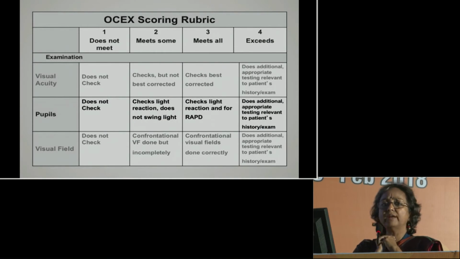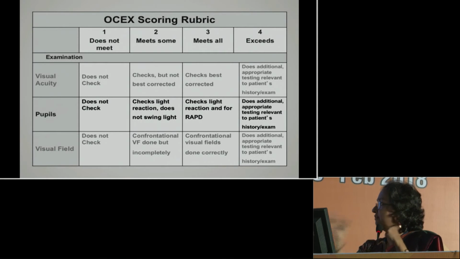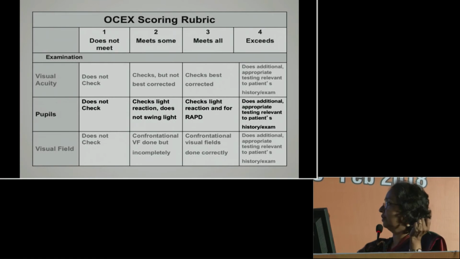Do you think he's a 1? How many of you here think he's 1? 2? 3? 4? Does anybody think he's a 4? No. Would you agree he's somewhere between a 2 and a 3? Yes. Right. He didn't evaluate for anisocoria, didn't look for accommodation, just swung from one to the other.